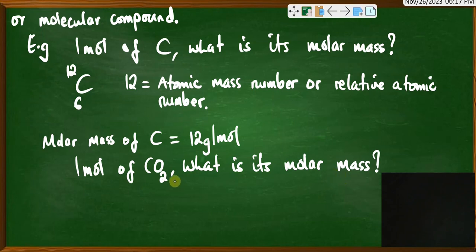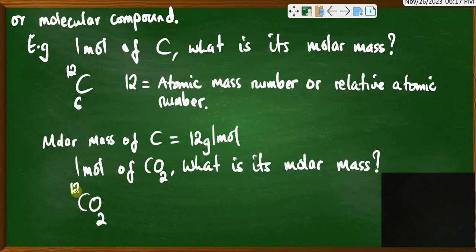So molar mass will be equal to the relative molecular mass, because carbon dioxide is a molecule. Its relative molecular mass is found by totaling the relative atomic masses of each atom here.